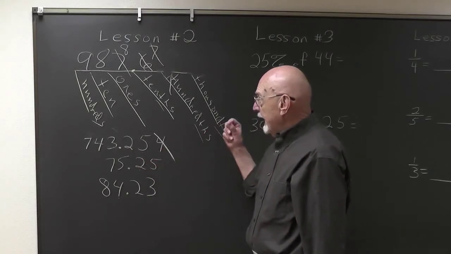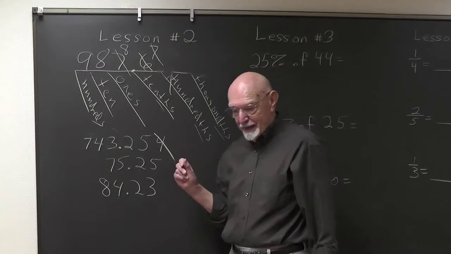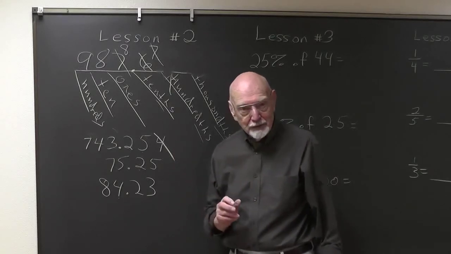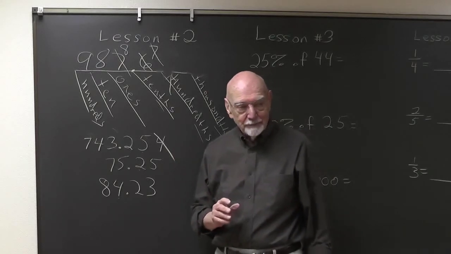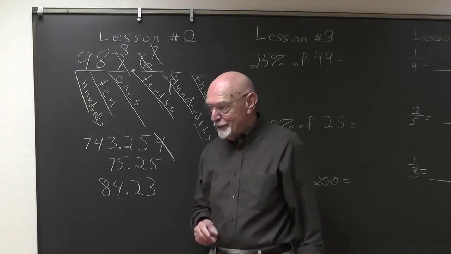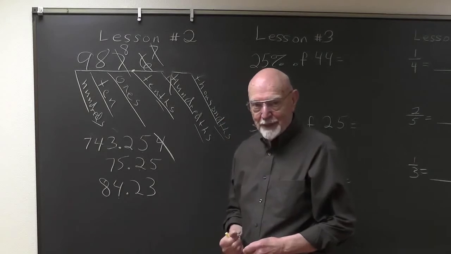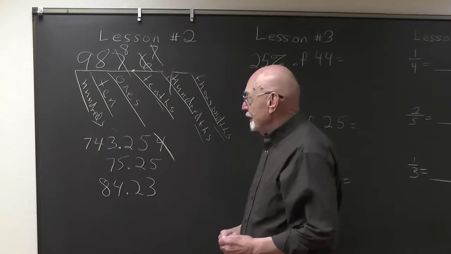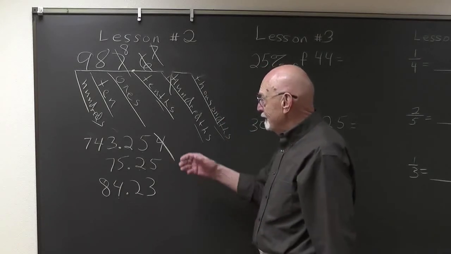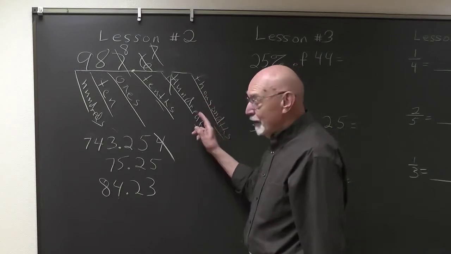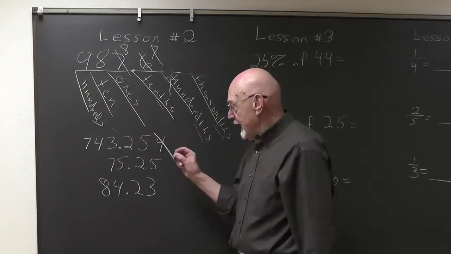Now, this is something that most people get pretty fast. However, some students find it extremely confusing. So some of the mistakes they make are, first of all, rounding off to the wrong place.